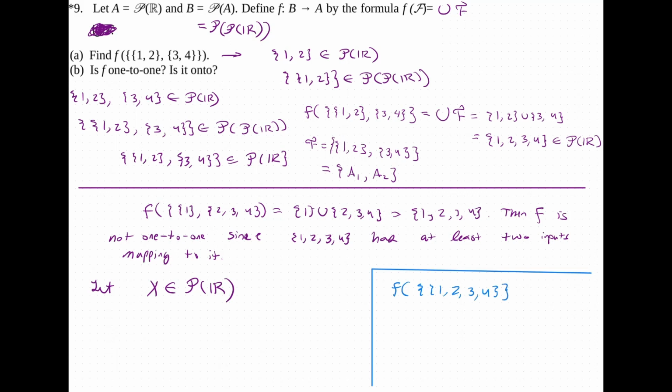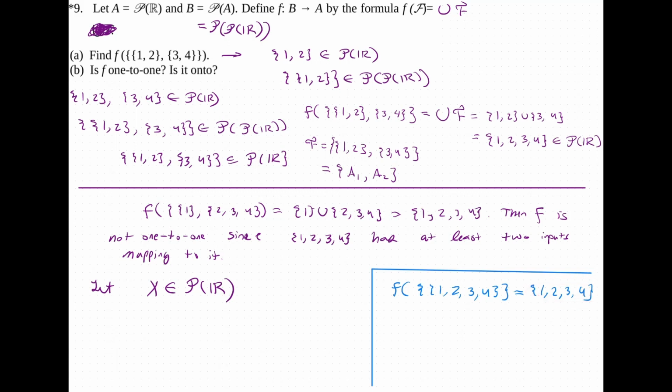So now this is a family of sets, but the family of sets has exactly one set inside it. So when we take the union, there's nothing to take a union of. This is just going to map to itself, to {1, 2, 3, 4}. And that's the key. So we see that if we take the set of the set {1, 2, 3, 4}, it maps to the set {1, 2, 3, 4}.